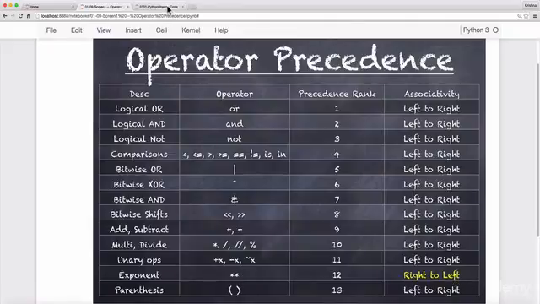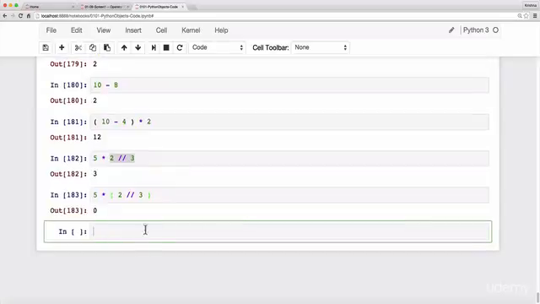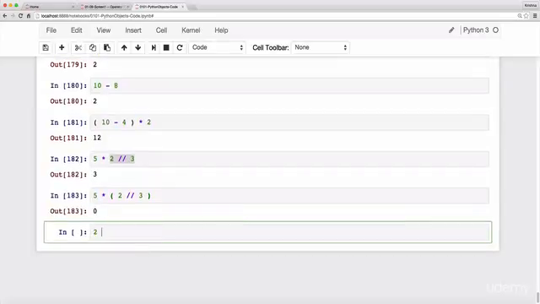Let us see one example with this. Let us say the expression 2 power of 3 power of 2. Suppose we do it from left to right, then 2 to the power of 3 is 8, and 8 to the power of 2 is 64.